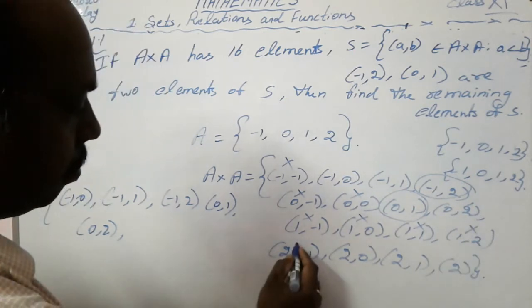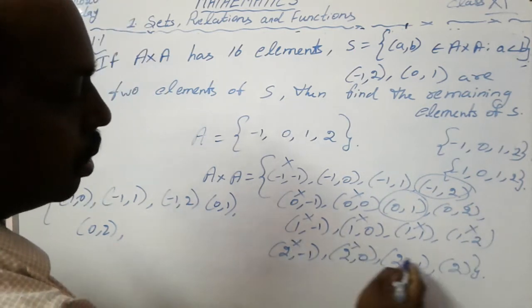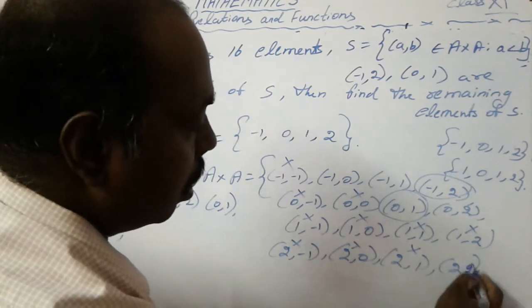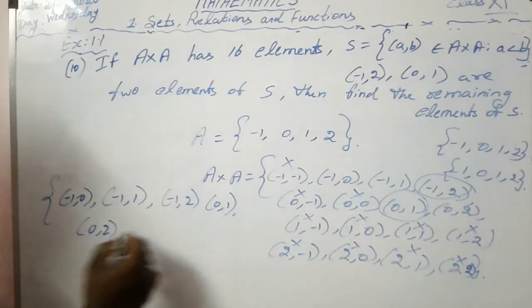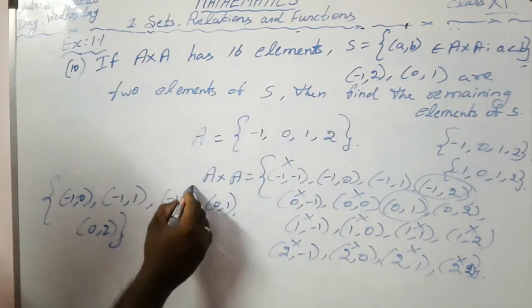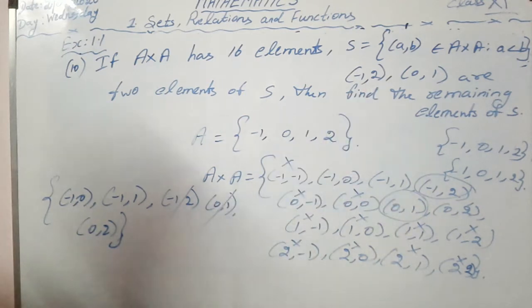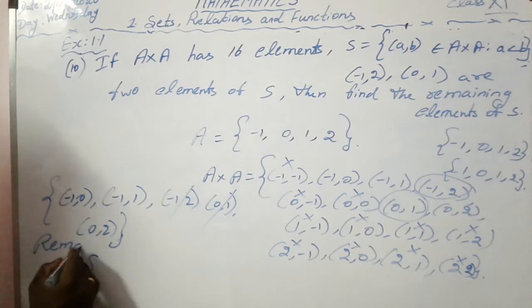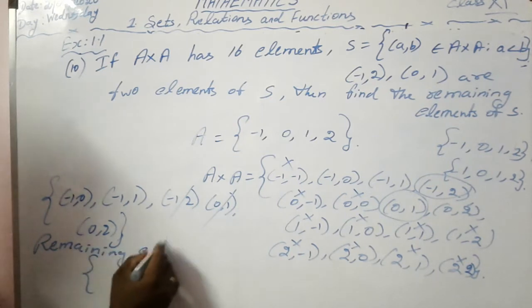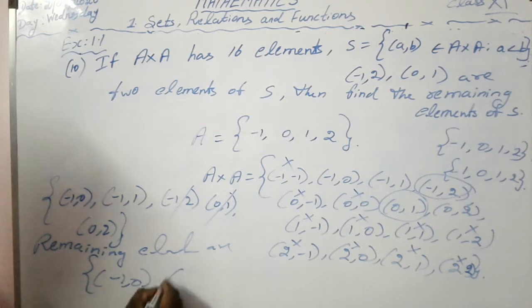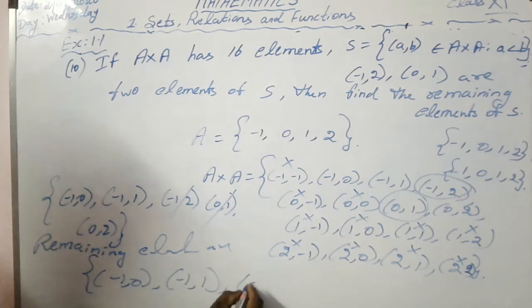Yes, it is greater than this number, no? 2 comma 2, sir. Already in the question, -1 comma 2 and 0 comma 1 are given. So what are the remaining elements? The remaining elements are, in set brackets, -1 comma 0, -1 comma 1, 0 comma 2. That is the answer. Understand?